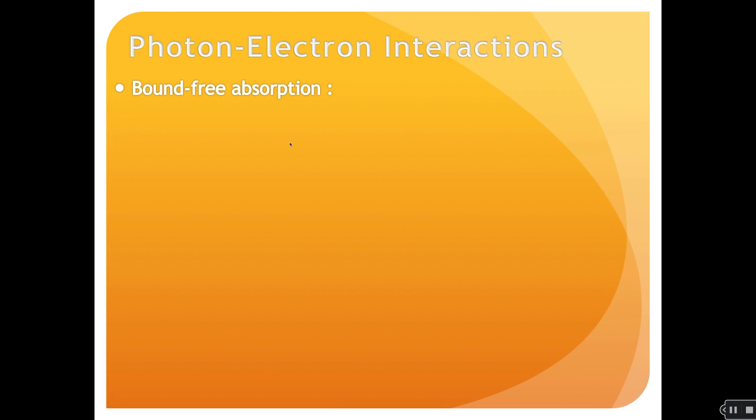Okay, other interactions. Well, you can have a bound-free interaction. So you can think of it as you've got a bunch of atoms with electrons, and you can use the energy to ionize your atoms. The electrons are going to come off, and at the same time you can also have free electrons being recaptured, and they have to give off a certain amount of energy.